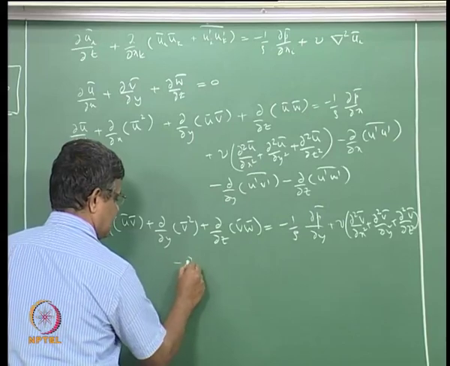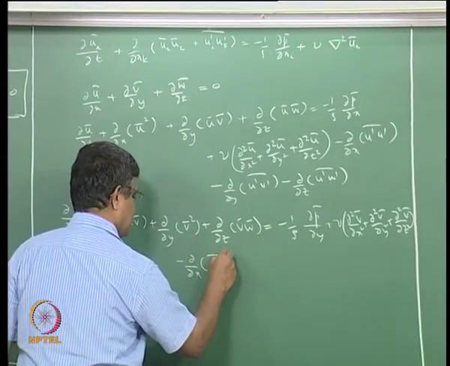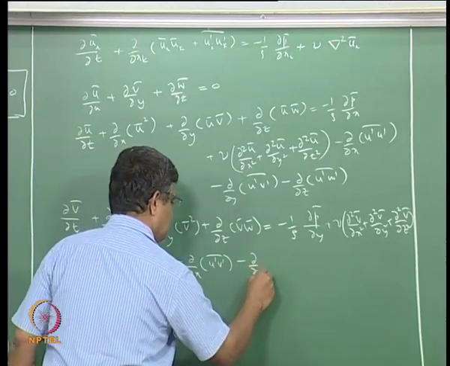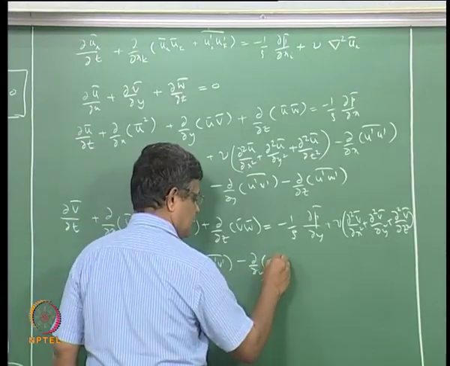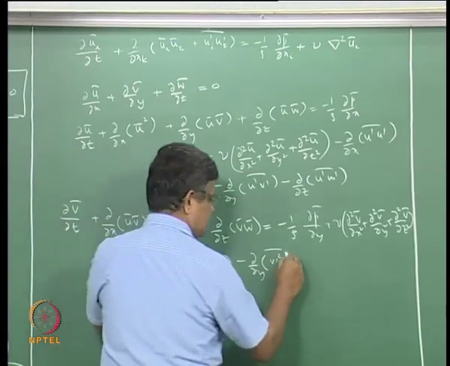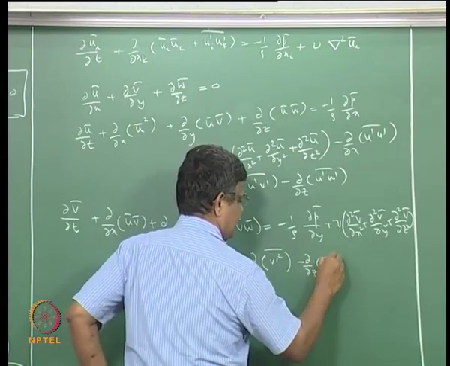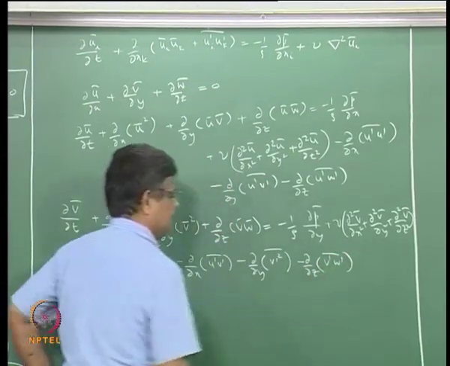So that is minus dou by dou x of the average of u prime v prime, minus dou by dou y of the average of v prime square, minus dou by dou z of the average of v prime w prime.